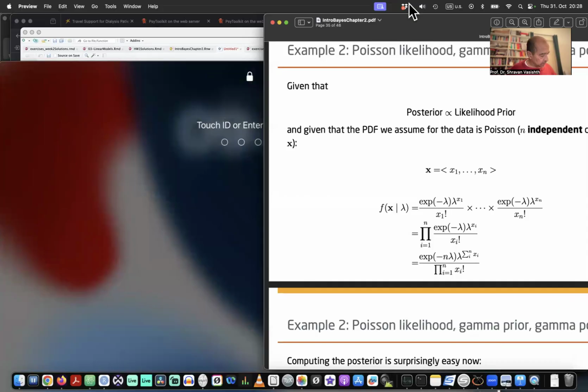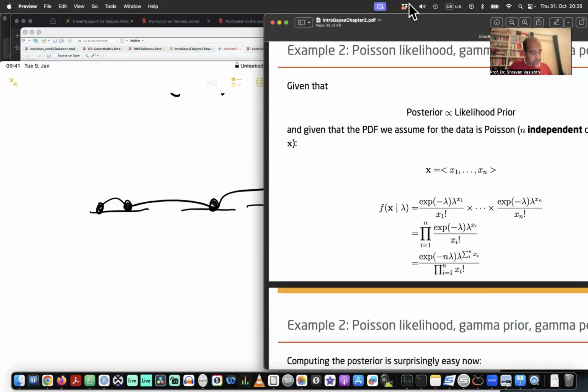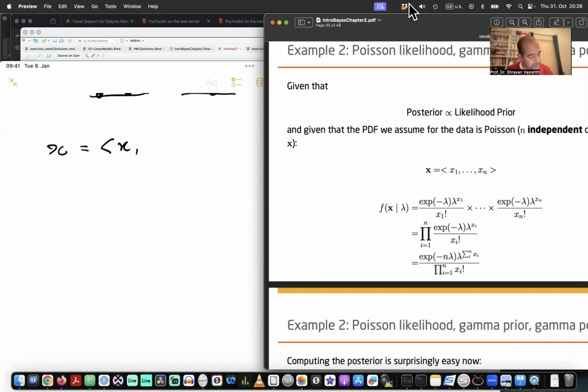I want to make sure that you're able to follow this story. If I have n independent data points, my data is actually a vector of n counts. Each of these data points is coming from a Poisson distribution.